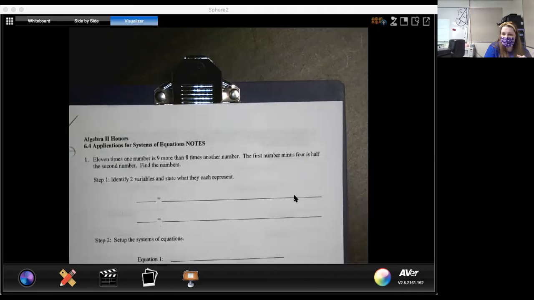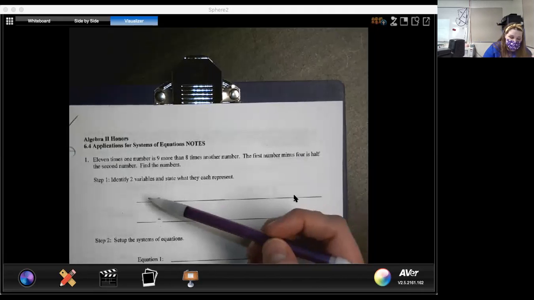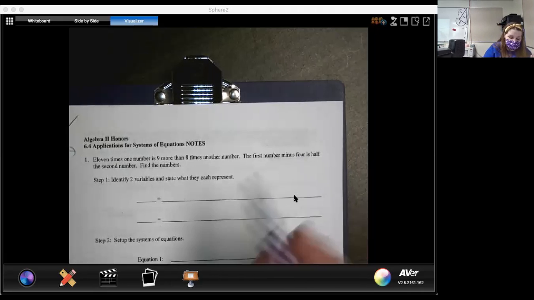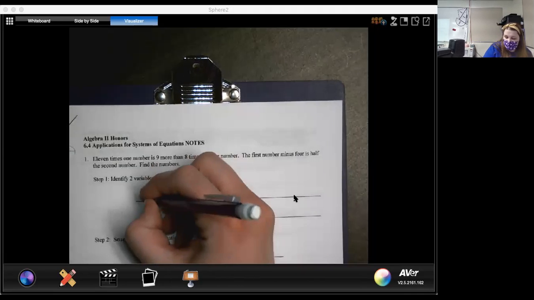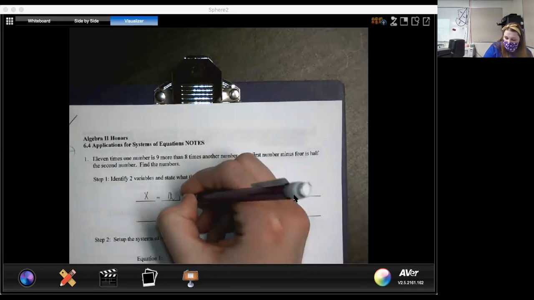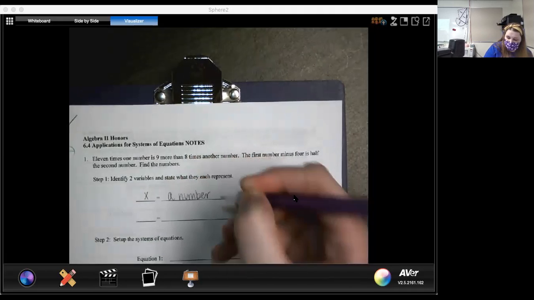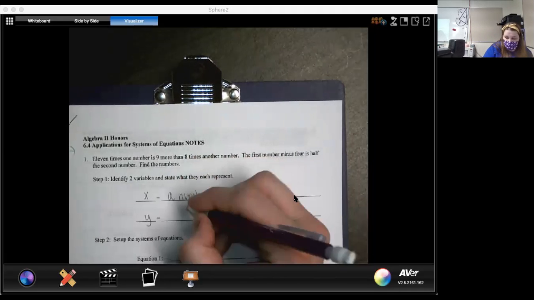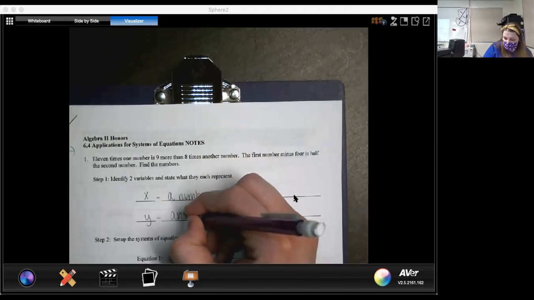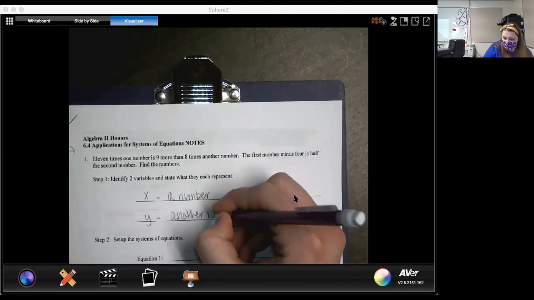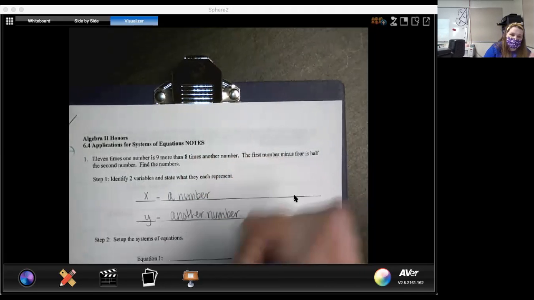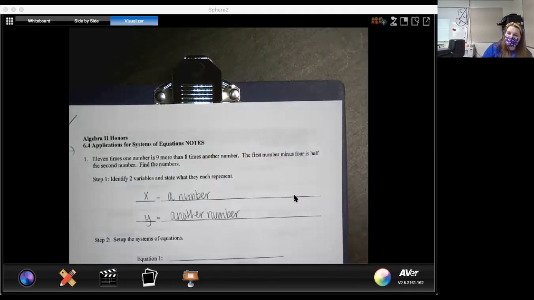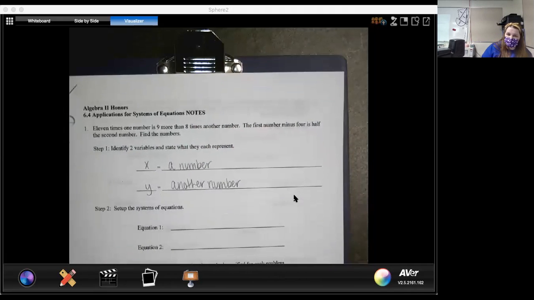If it's something with more detailed information, then we normally use a letter based on what we're picking. So in this case, since we're picking a number and another number, we can just as easily say X and Y. So we have one number, and then we have another number. You could also say number 1 and number 2, or the first number and the second number. Those are both acceptable ways of doing this.